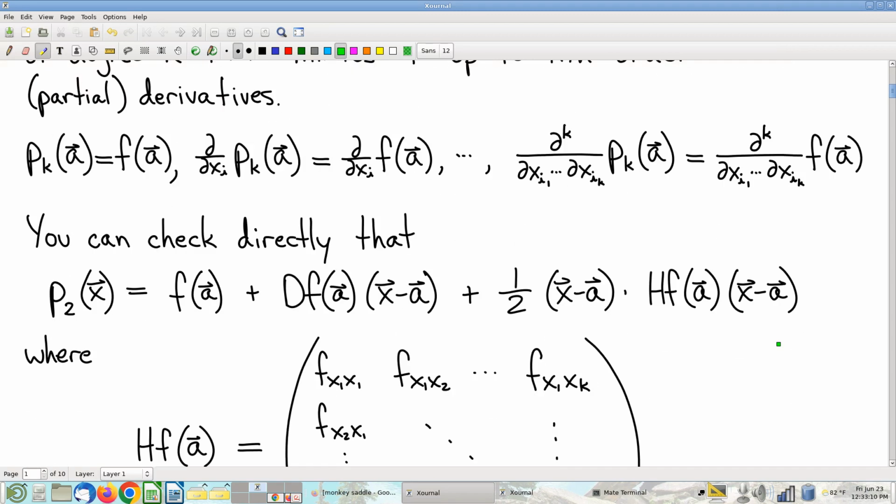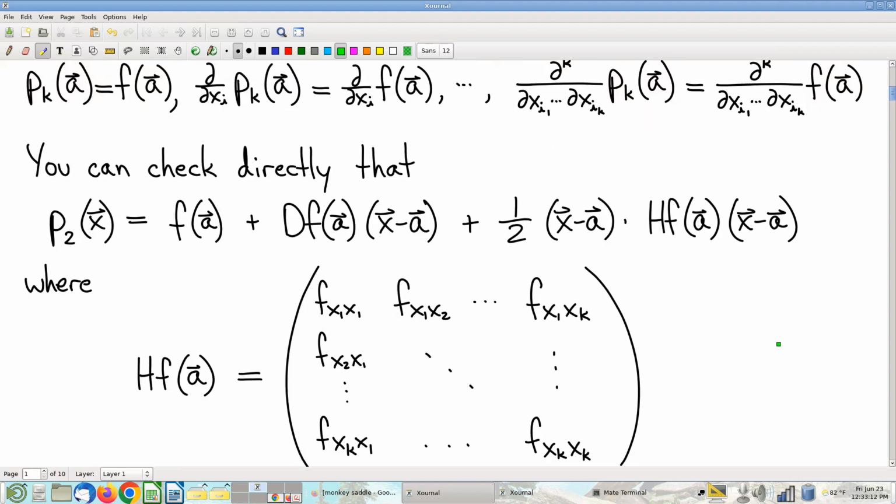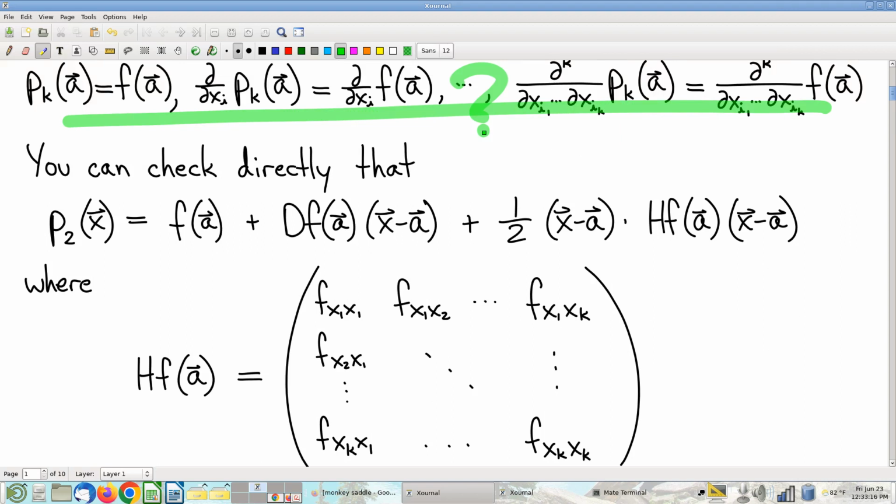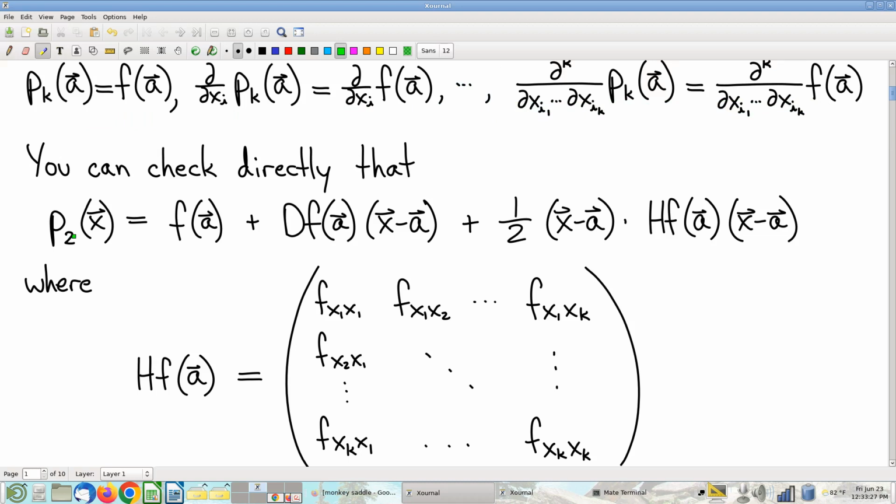With that in mind, there's the question of what exactly is the function that does all of this. How do I mimic that function? It turns out you can just write down a formula. And the formula does get a little bit unwieldy and clunky. All we're going to worry about in this class is the second degree Taylor polynomial for a given function. Just up to second degree, that's it.